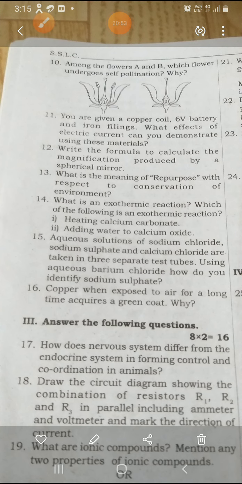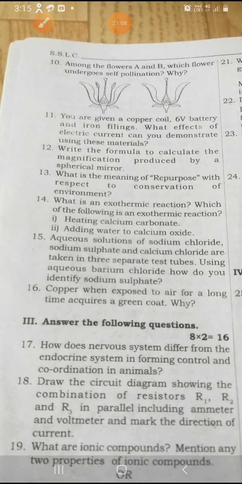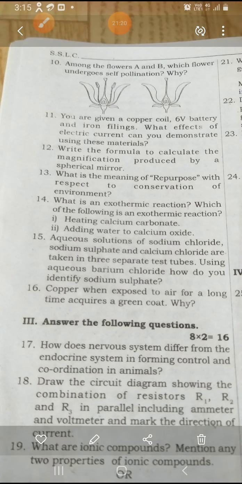The compounds formed by oppositely charged ions held by electrostatic force are called ionic compounds. Here charge is mentioned, positive and negative charge.